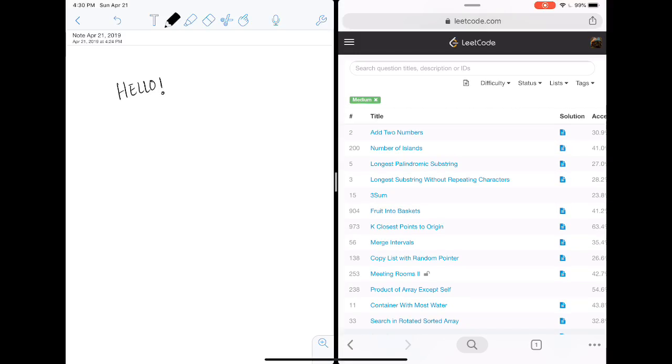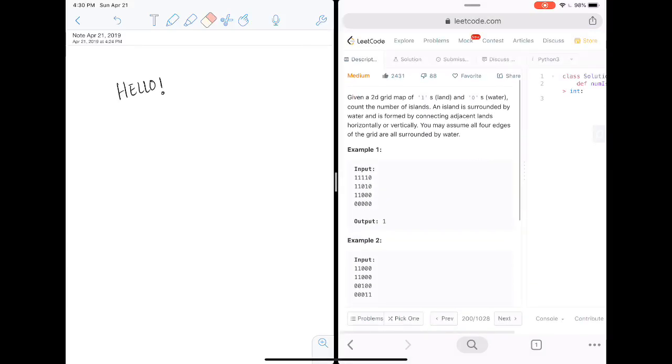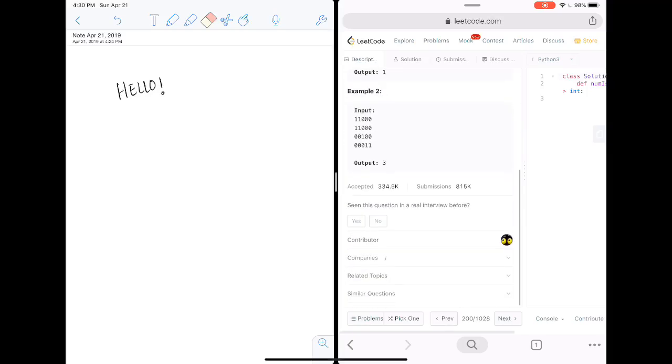Let's do this one because I've seen variations of number of islands. I'm guessing, yeah, that's what I thought.